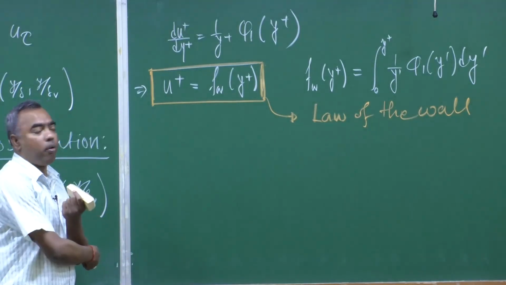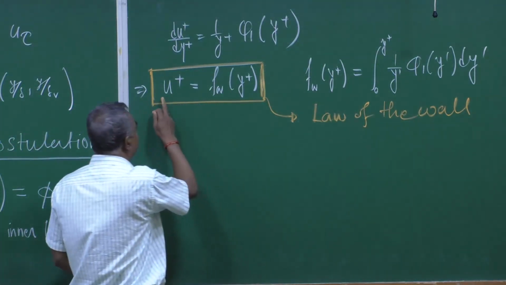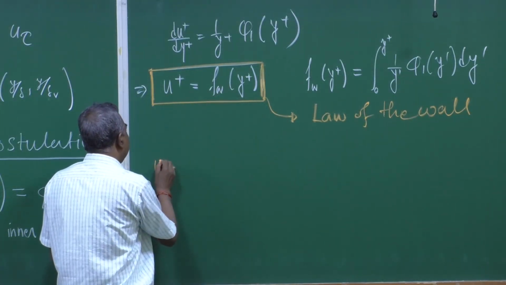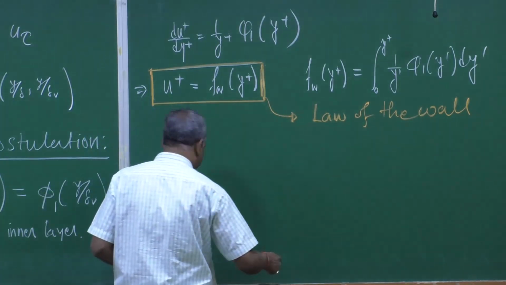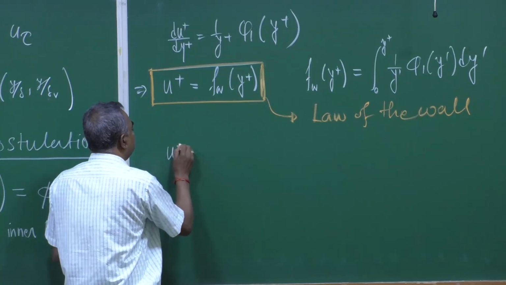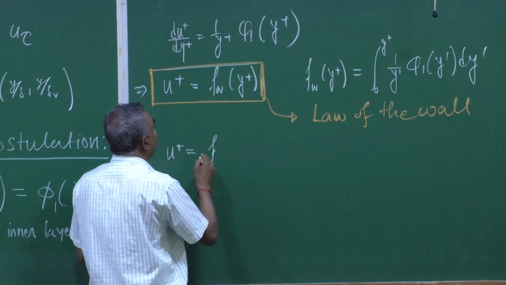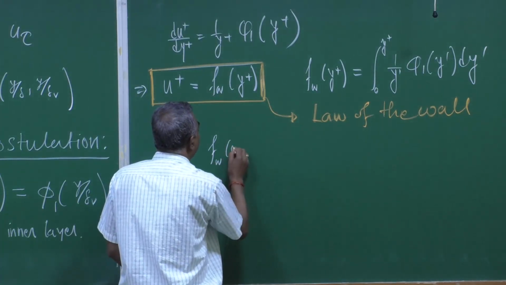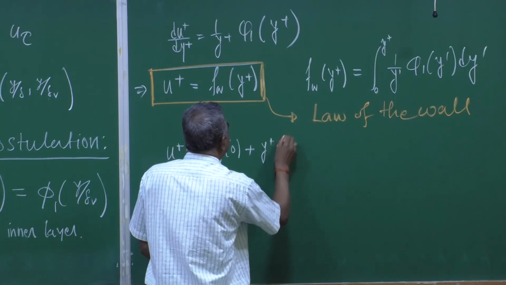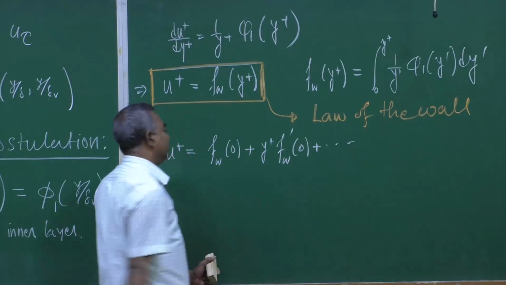This is important. Now, what we did next in the last class, we expanded this particular function near y plus equal to 0. If we expand this function using Taylor series very close to the wall, then we can write f_w of 0 plus y plus f_w prime of 0 plus the higher order terms.